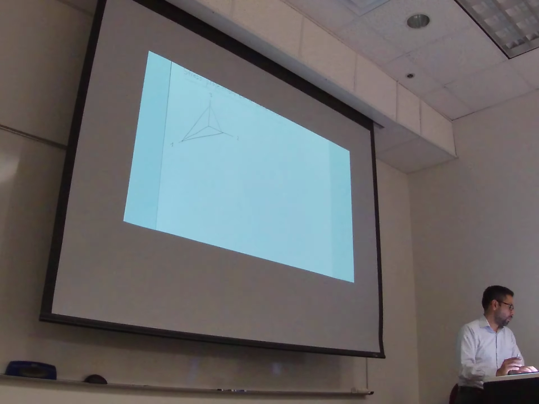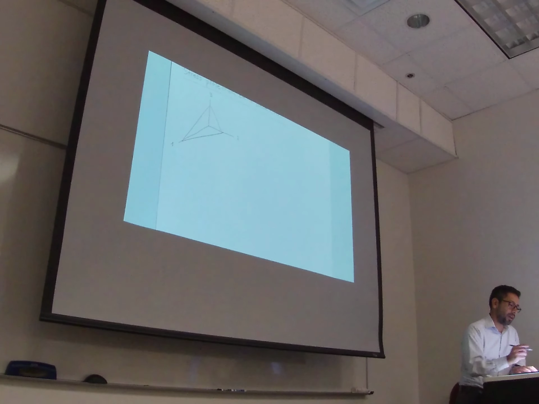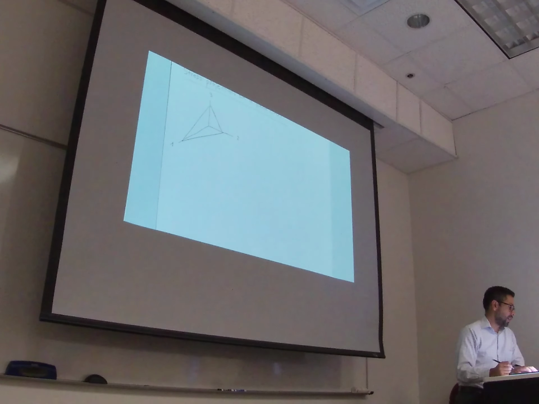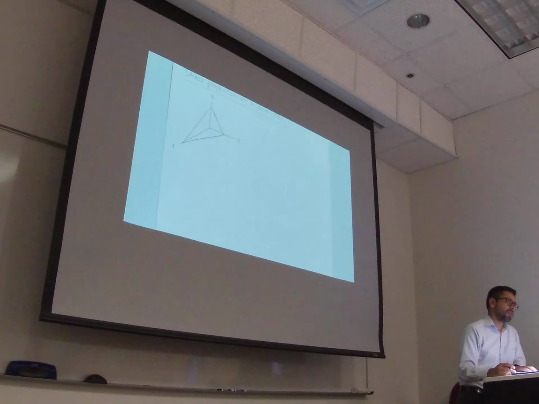All right. So with this volume, which apparently is called a tetrahedron, we're going to do the same thing that we did before. But now in this volume, we're going to apply stresses in 3 dimensions.